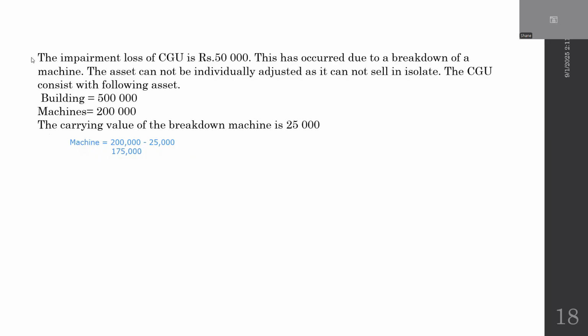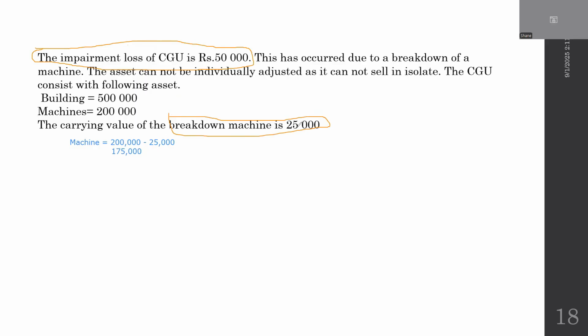As we already know, the machine breakdown is 25,000, and the main impairment loss of the CGU is 50,000. But we only know about this 25,000.